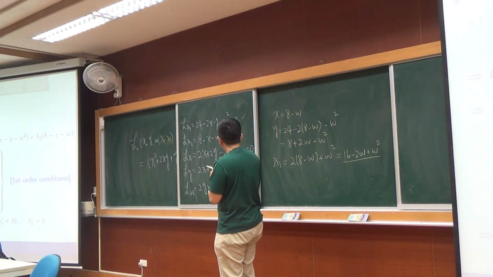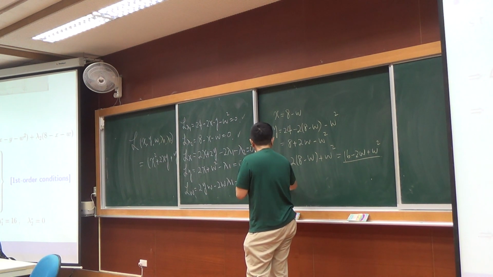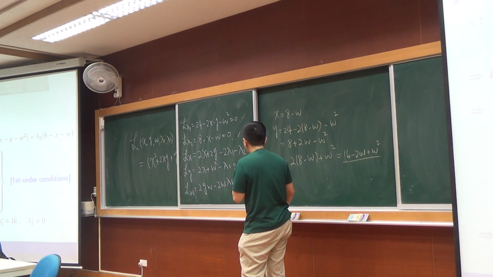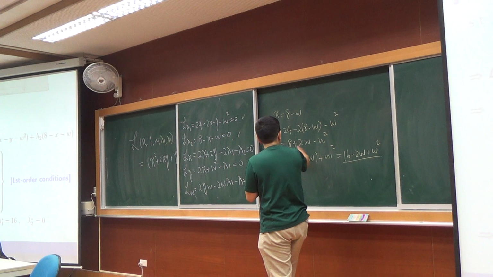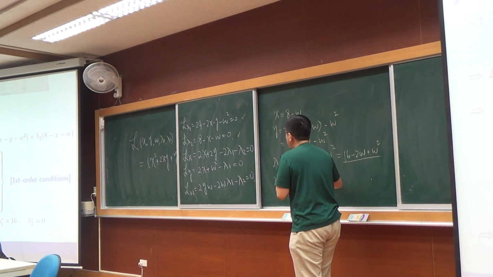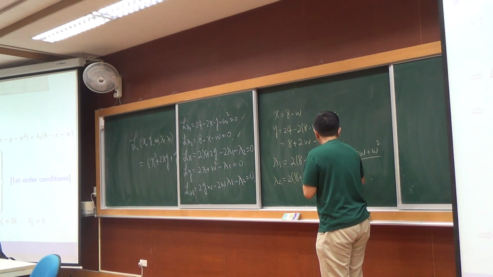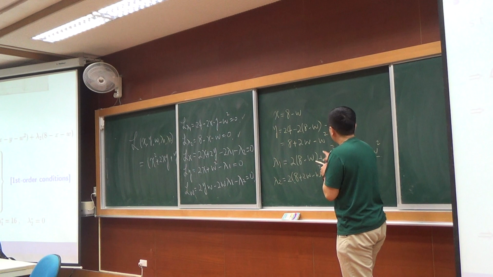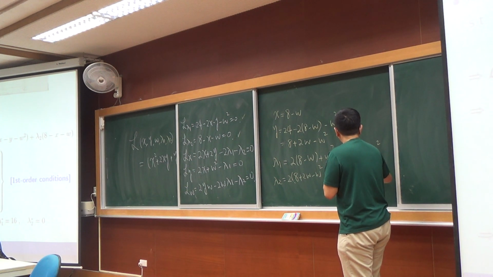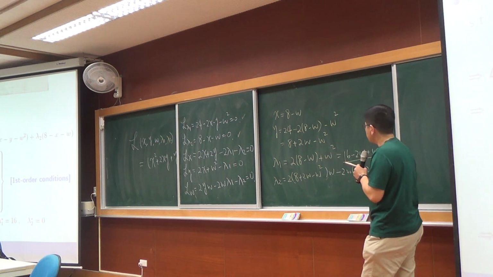What about lambda 2? So lambda 2 equals 2yw minus 2w lambda 1. What is y? This would be lambda 2.